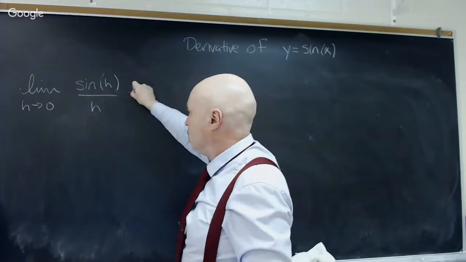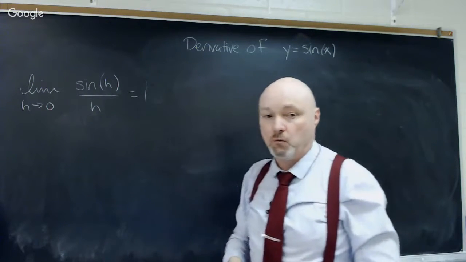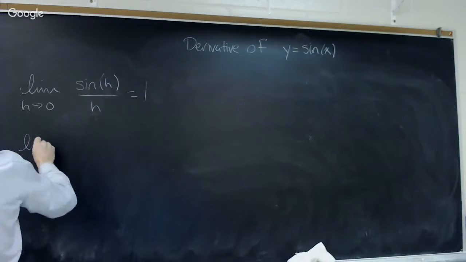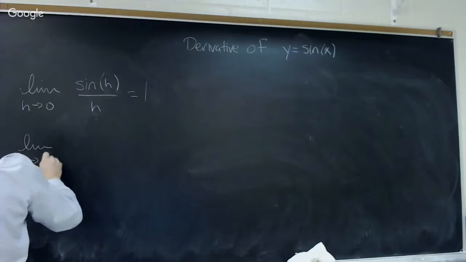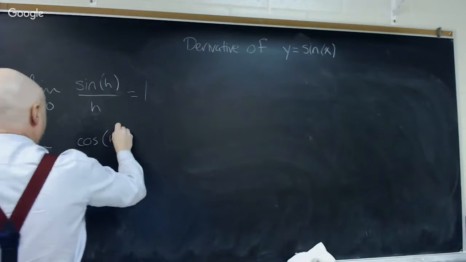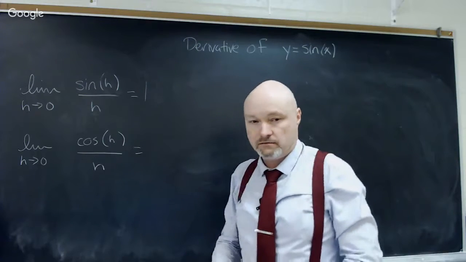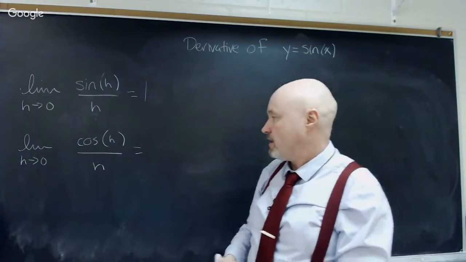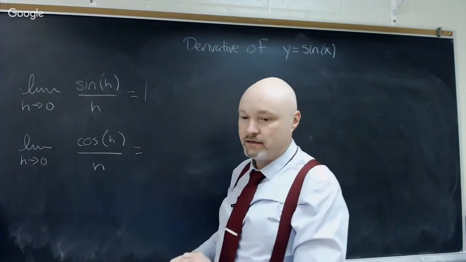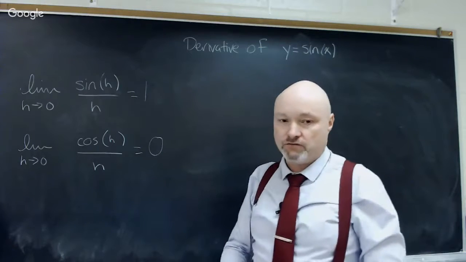But we can take the limit, and this actually converges on 1. Now there's a second limit, of cosine of h over h. Once again, we can't put zero in because this explodes if we do that, but we can put increasingly small values of h in, and this actually converges on 0.